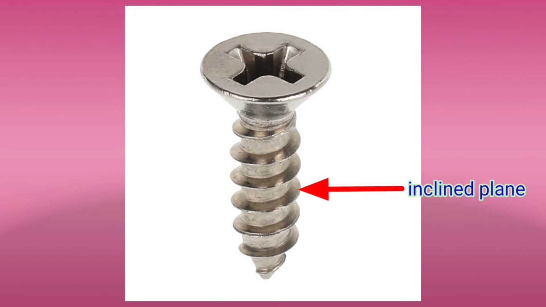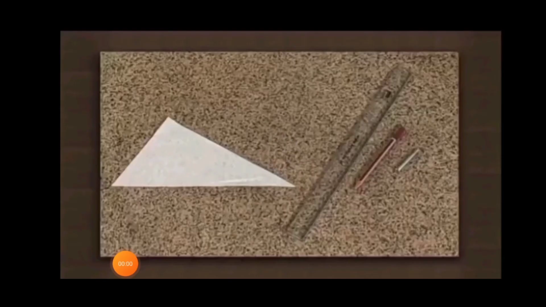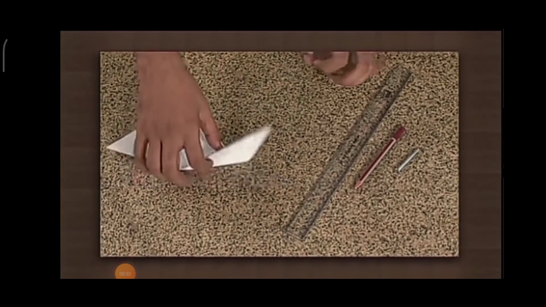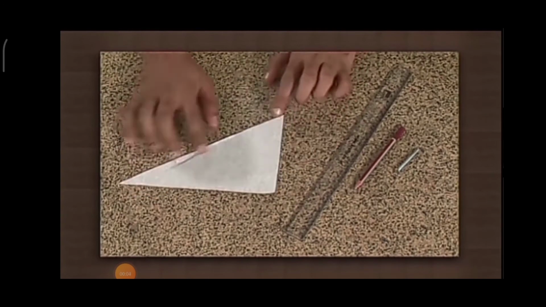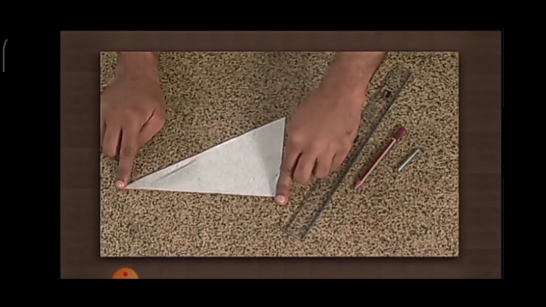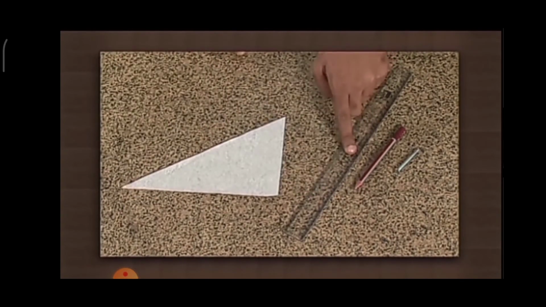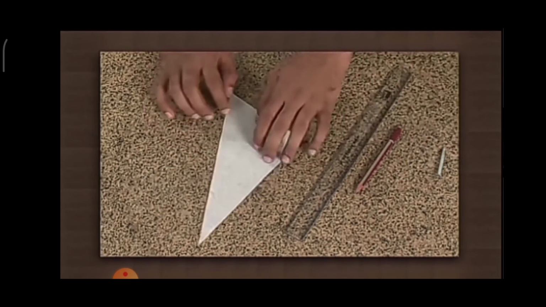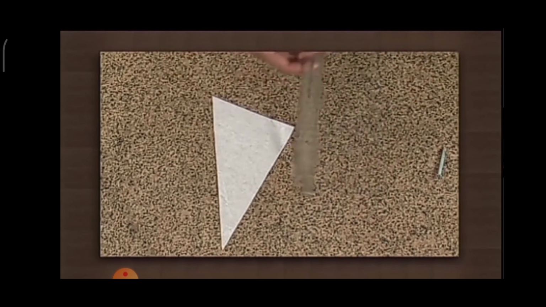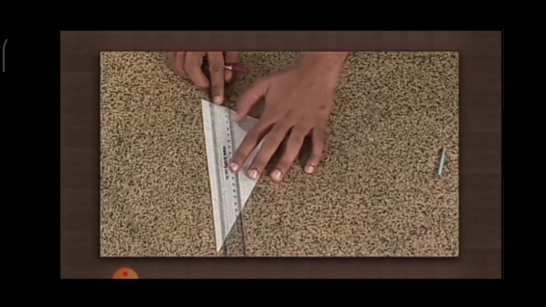Let's do an activity which shows that a screw is an inclined plane wrapped around a cylinder. For this, you need a paper cutout where one of the angles is a right angle, scale, pencil, screw. Draw lines along the longest side of one of the triangles with the pencil.